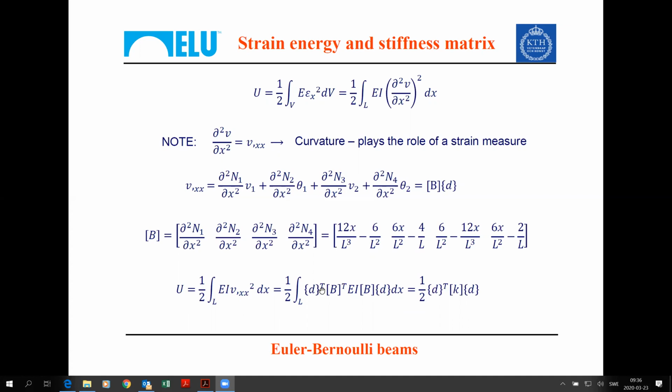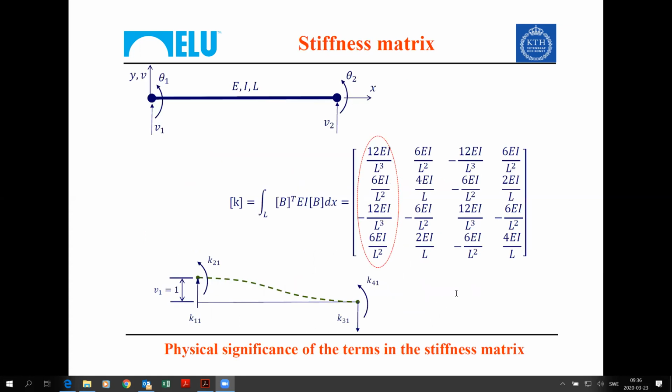So recognizing the fact that D is independent of x, so it gets outside the integration, what we are left with is 1 over 2 D transpose times K, stiffness matrix, times D. And the stiffness matrix is simply the integral over the length of the product B transpose EI times B. If you perform this integral, which actually amounts to integrating second order polynomials, you perform the matrix multiplication and then you integrate term by term from 0 to L.